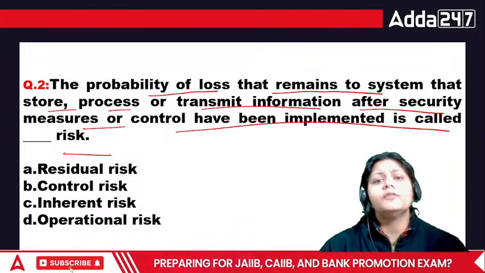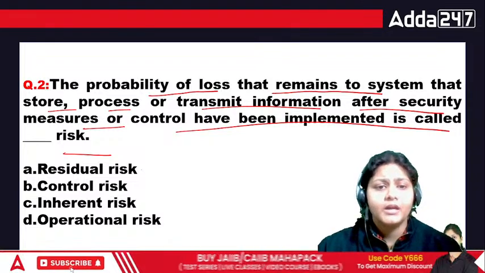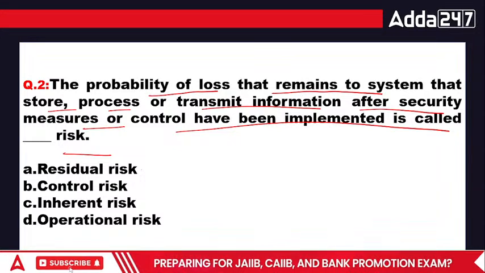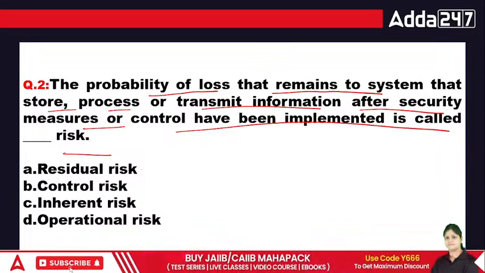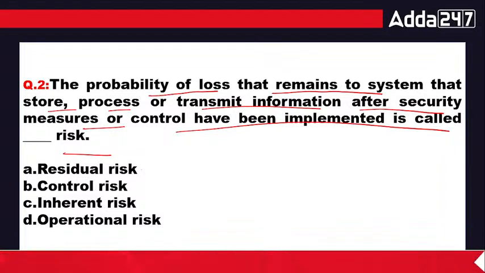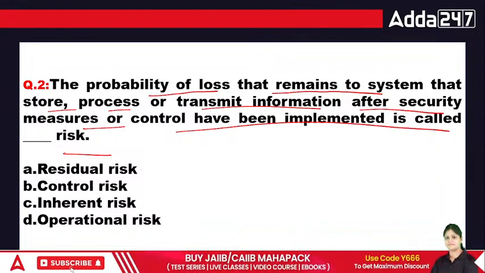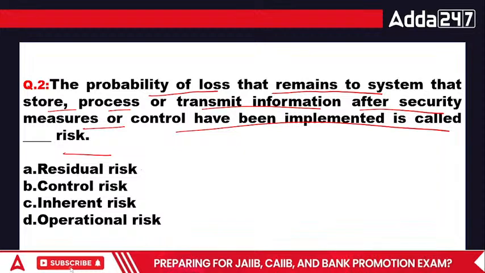What is the meaning of the probability of loss that remains with the system? So what is the probability of the loss that remains to the system that stores, processes or transmits the information after security measures or controls have been implemented, is called?